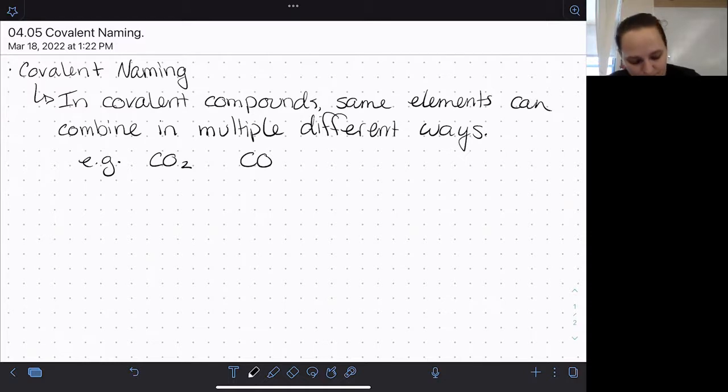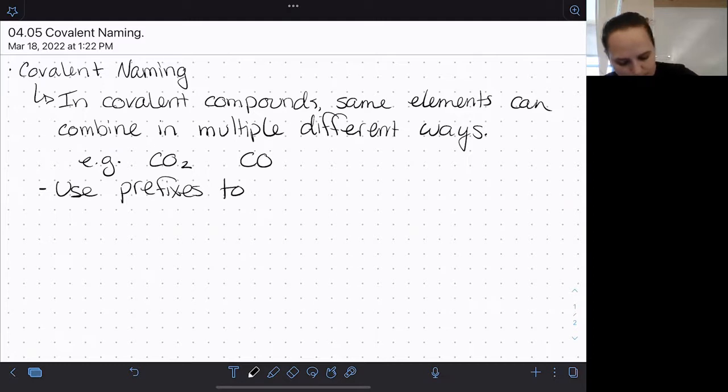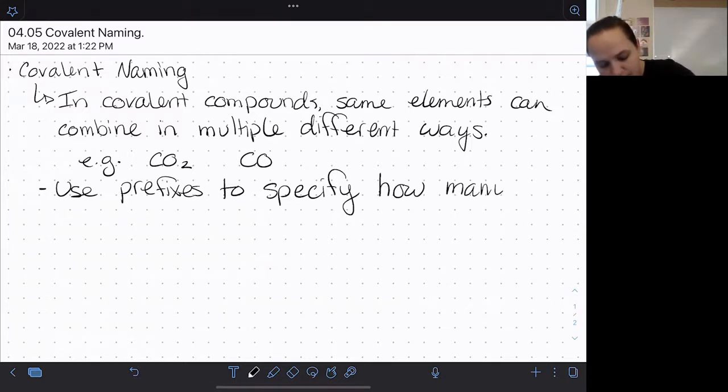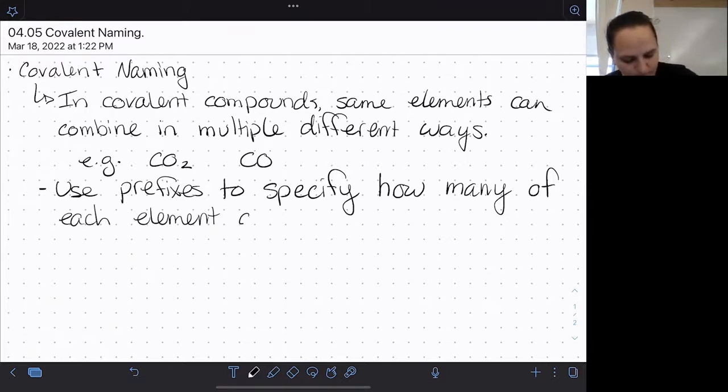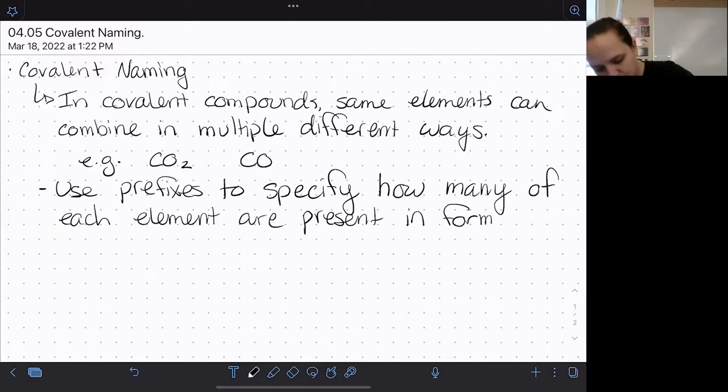So we use prefixes to specify how many of each element are present in the formula.